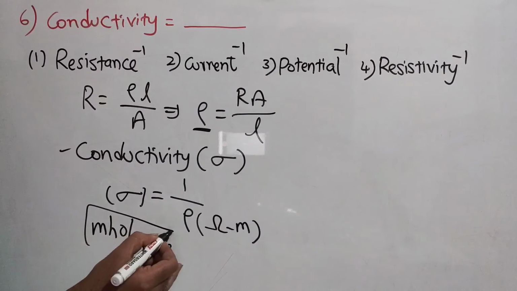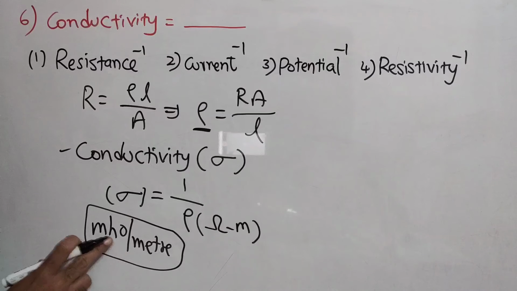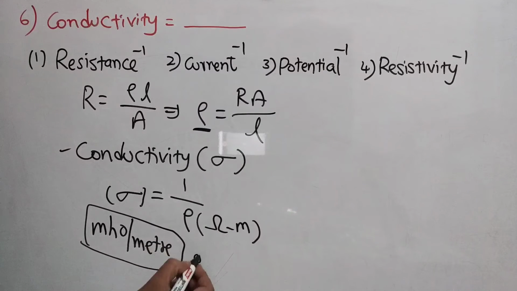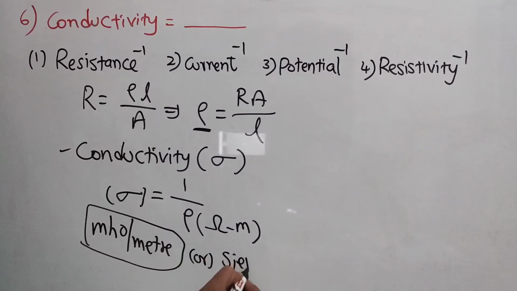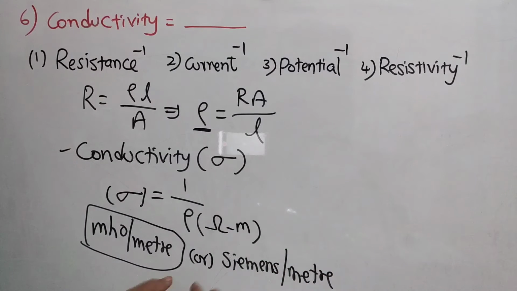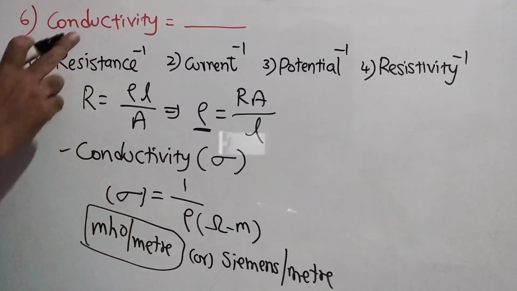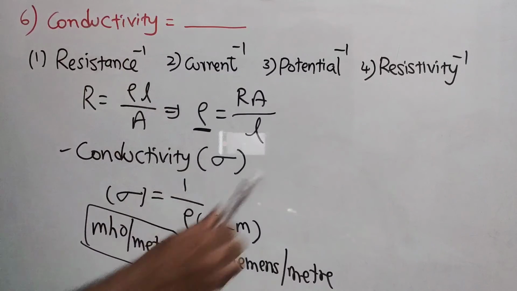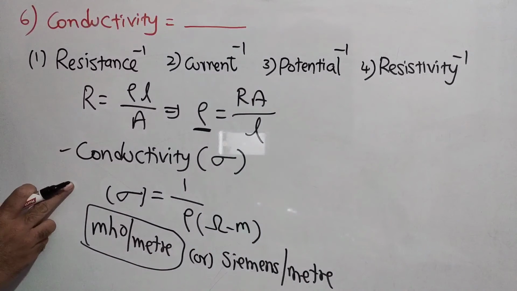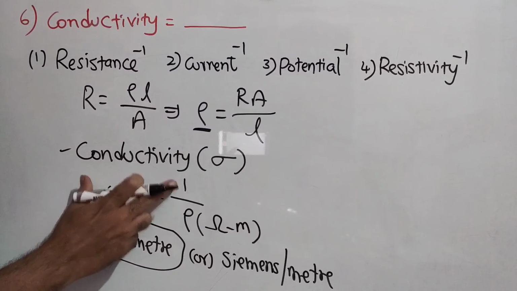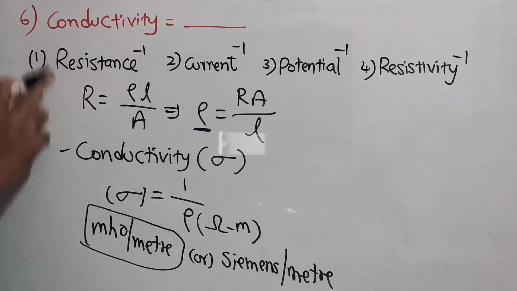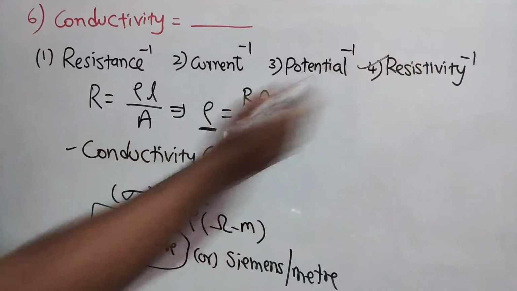So the unit for conductivity is mho per meter, or it can also be written as Siemens per meter. If units are asked, then you can write mho per meter, but actually conductivity is the inverse of resistivity. So conductivity sigma is equal to 1 by resistivity. So the answer for this question is resistivity inverse.